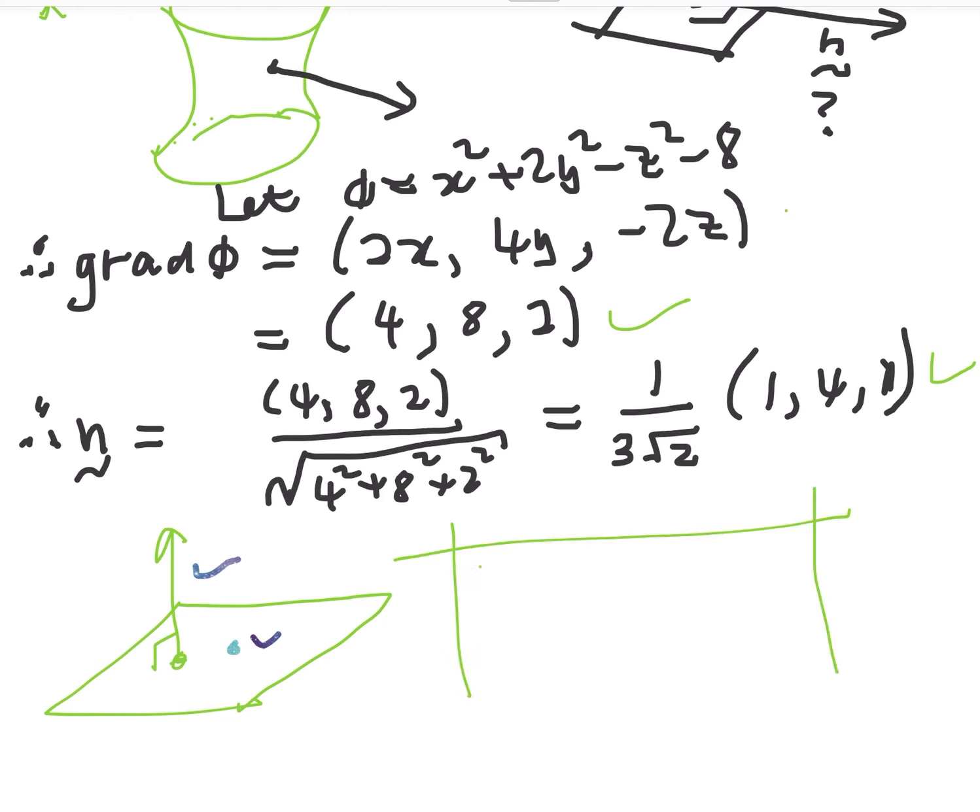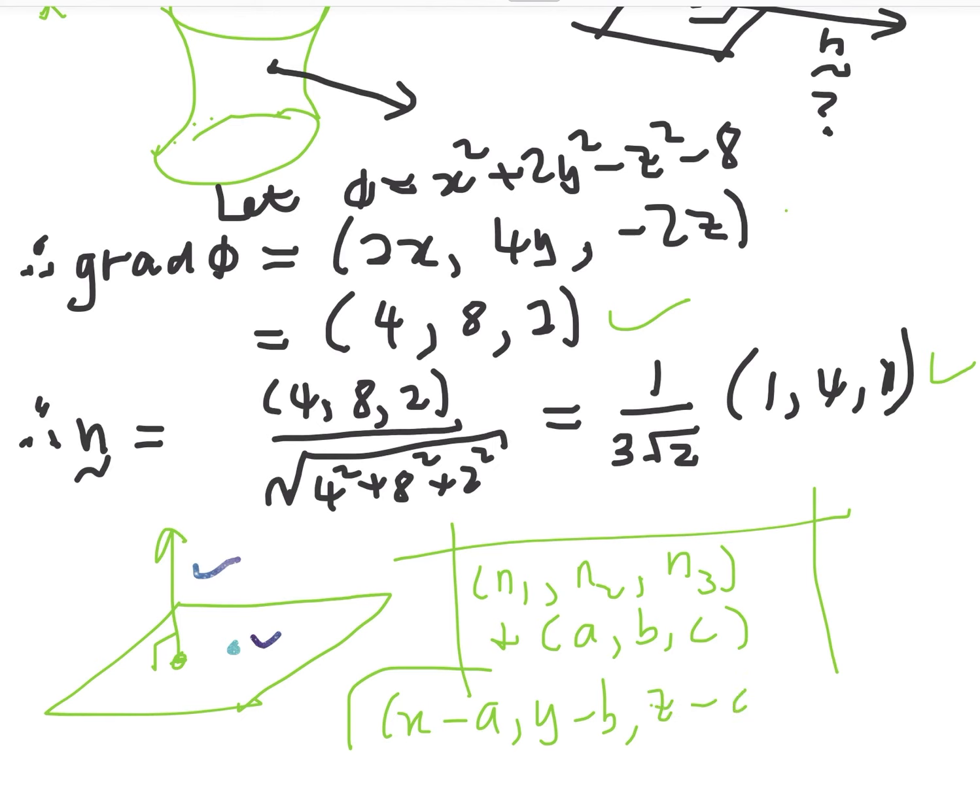If you have the normal with coordinates, say, n1, n2, n3, and if the plane passes through the point with coordinates a, b, c, then one form of the equation of that plane would be, writing down the coordinates of the point, x minus a, y minus b, z minus c.